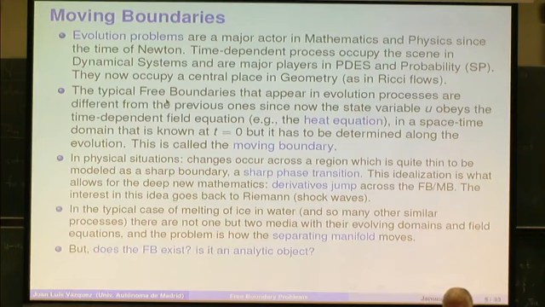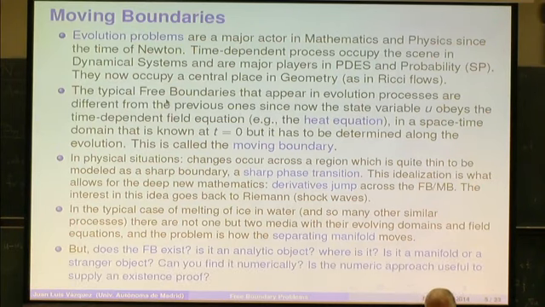So the problem that mathematicians want to solve is, do you have a free boundary really in your model? And if it is a free boundary, which kind of object is it? Is it a measure theoretical thing, a continuous thing? Can you prove that it is somewhere, at least in some measure sense? Can you prove that it's a strange object, or will it be a manifold? And can you find it numerically?